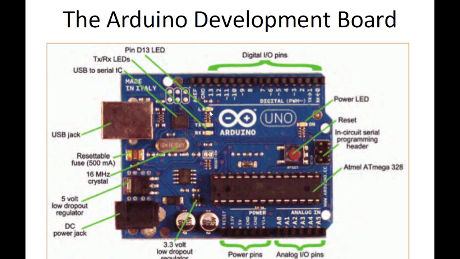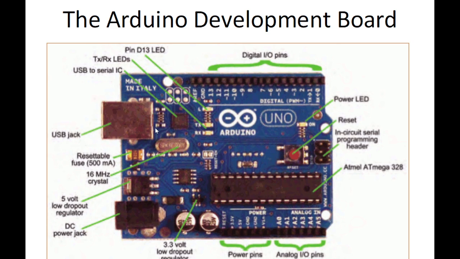Okay, so this is your D13 LED. This is an LED we call the internal LED, useful for numerous projects. These are the serial transmit and receive LEDs. And this LED indicates whether power is reaching the Arduino board.